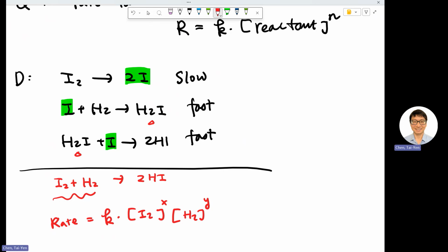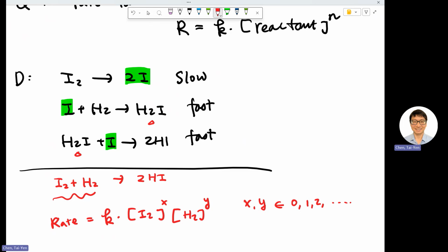That is the form we are looking for. And the x and y can be 0, 1, 2, or anything. Those are the fundamental things you have in mind. If I can write a rate law from my rate-limiting step that only contains my reactants, then I will be done.